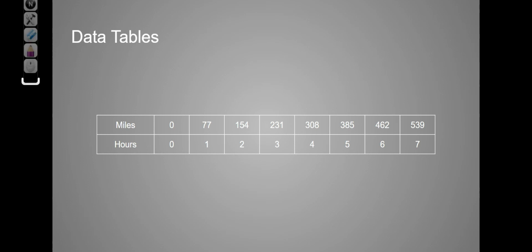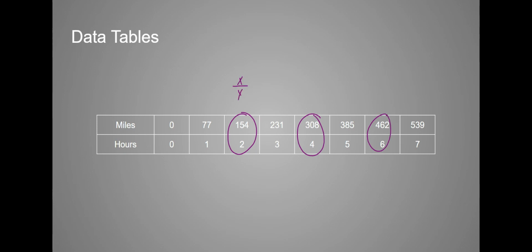Coordinate points are written as X comma Y, so that means any of these pairs in a column is X over Y, so we would write that as X comma Y. That is our coordinate point.